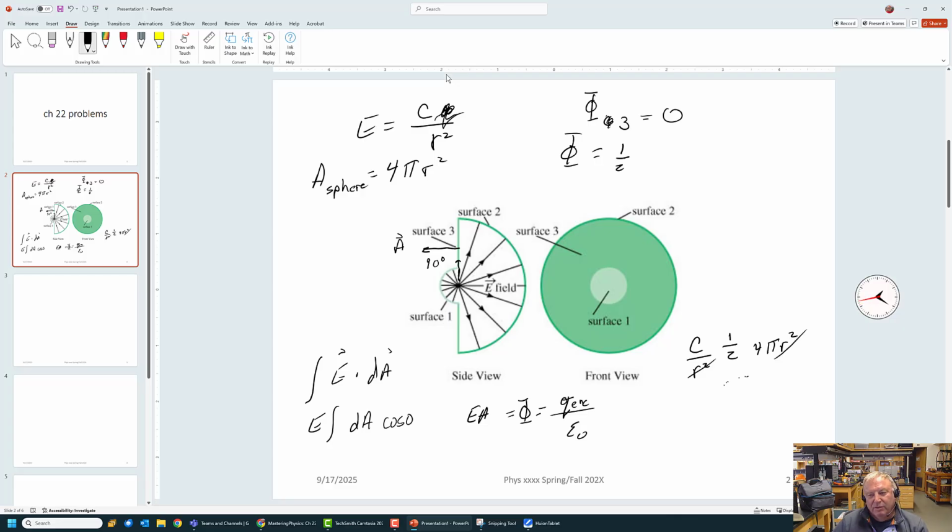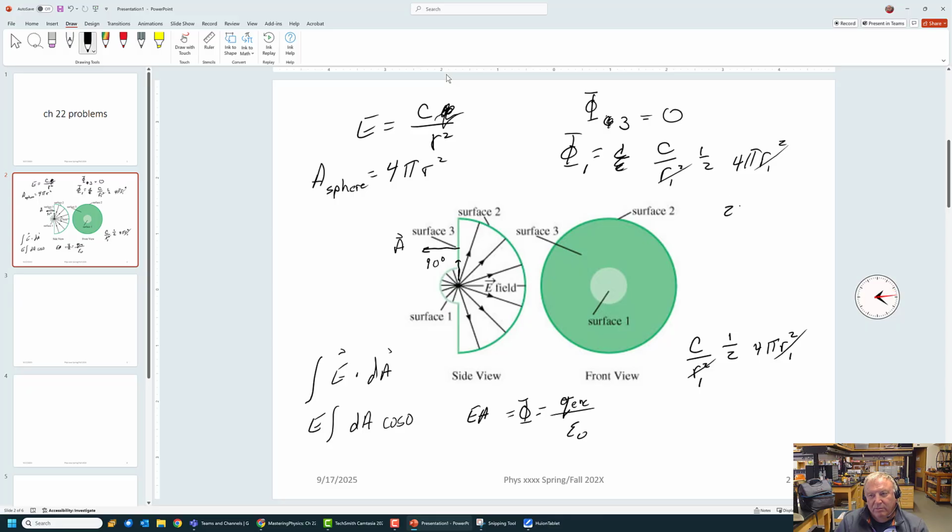Right, strictly speaking, if we have an expression, it should be R1, and so k over R1 squared times 1/2 4 pi R1 squared.